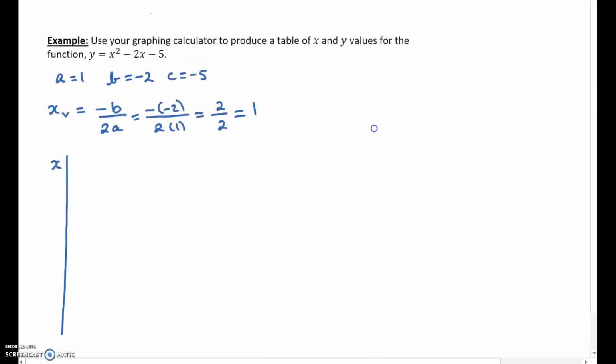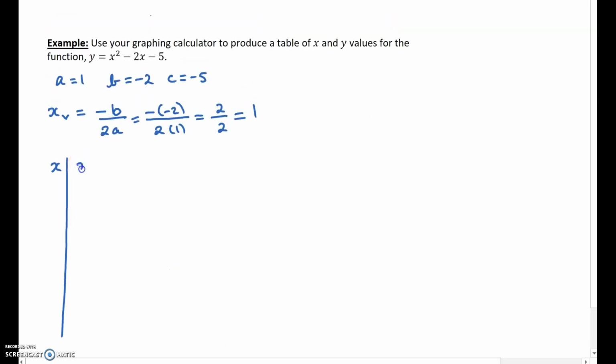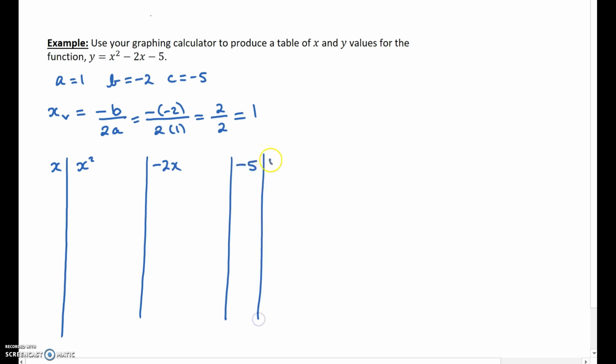We'd have x, and then we'd have these intermediate columns, x squared, minus 2x, and minus 5, and then finally y. And we would have filled in all of these.